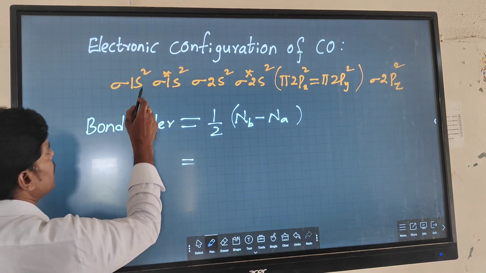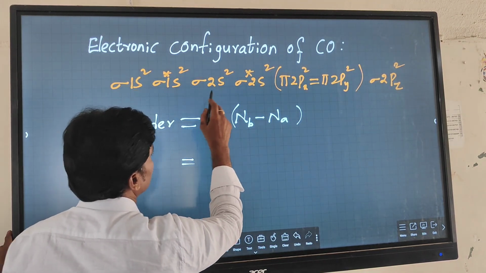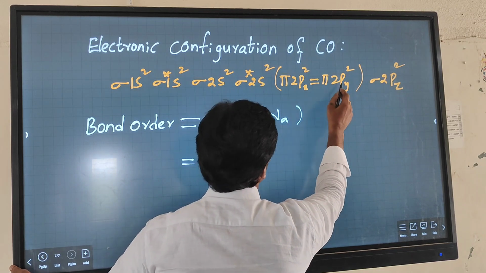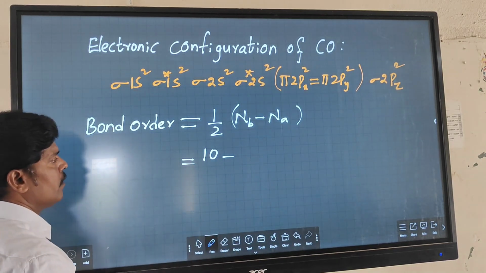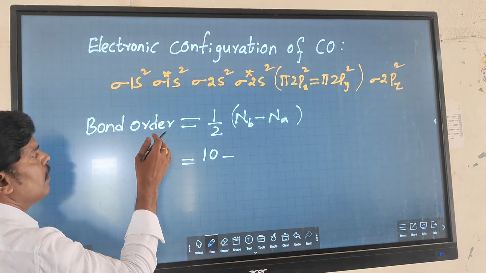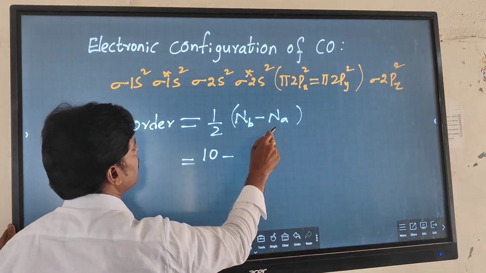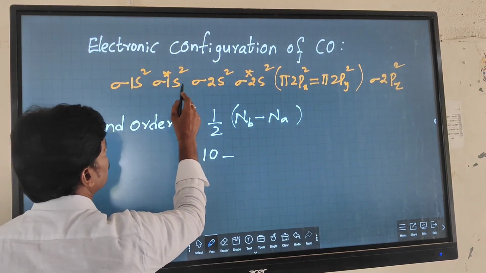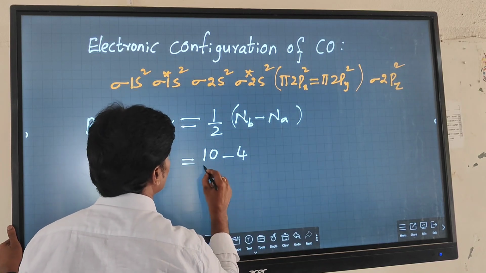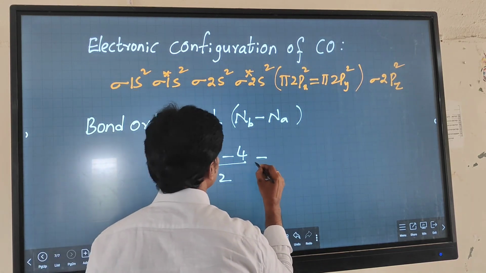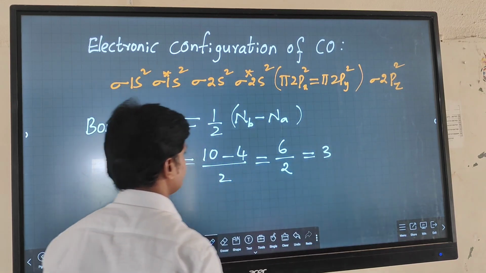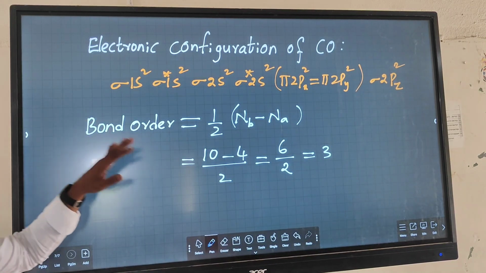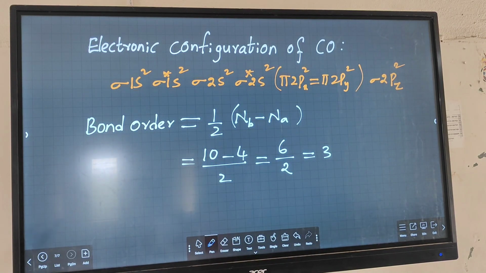How many electrons are present? 2, 4, 6, 8, 10. 10 bonding electrons are there. The electrons present in anti-bonding orbitals are called NA: 2, 4, only 4. So half into 10 minus 4, that is 6 by 2, equal to 3. So bond order is 3. The number of bonds present between carbon and oxygen is 3.